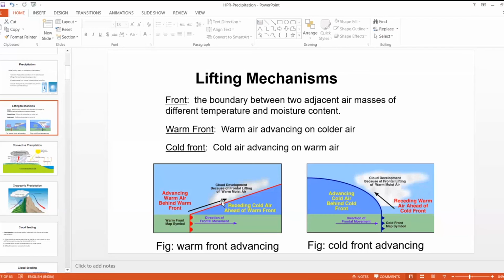When it climbs, condensation happens. Whereas in cold front rainfall, the cold front is rushing towards warm wind. The cold is higher density, so it penetrates the warm wind. Due to that, the warm wind rises, and then rainfall occurs.